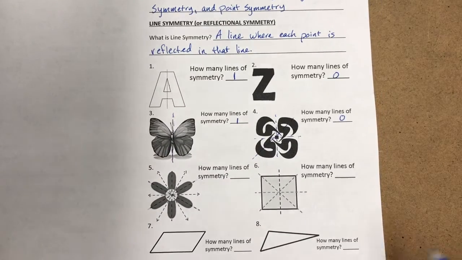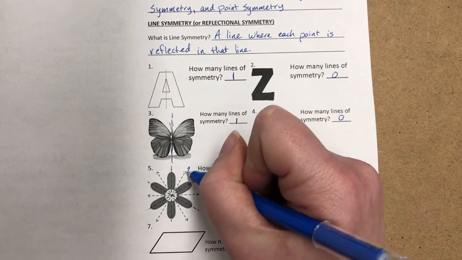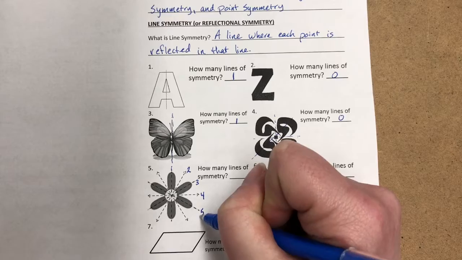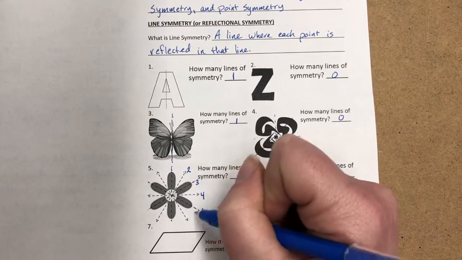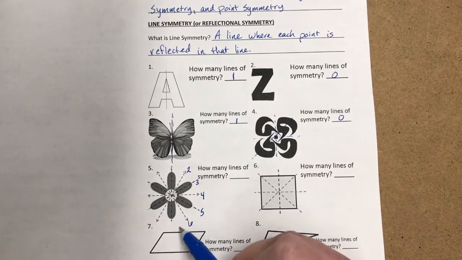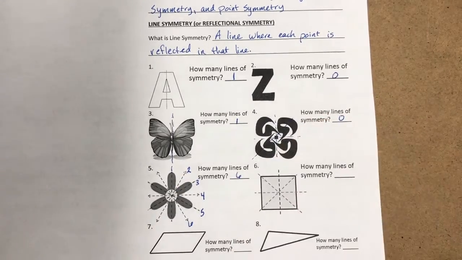For 5, for this flower, I would have 1, 2, 3, 4, 5 lines of symmetry, and then I need one more. There's the 6th one because I counted this one already. So that would be 6 lines of symmetry.